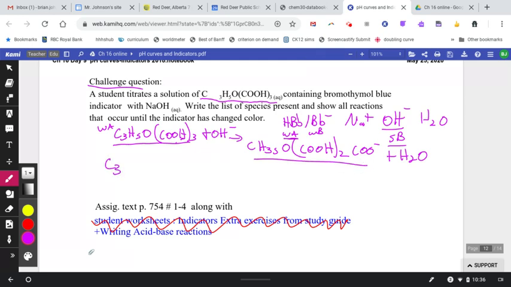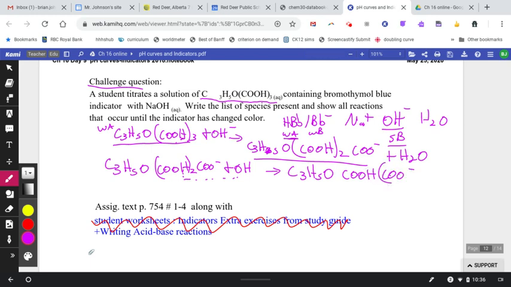Do you see why this is a challenge question? That should be C3H5O, COOH2, COO minus, which will then react with the base, and this proton gets transferred. So now we're at C3H5O, COOH, COO minus. Now we have 2 of these, and water.